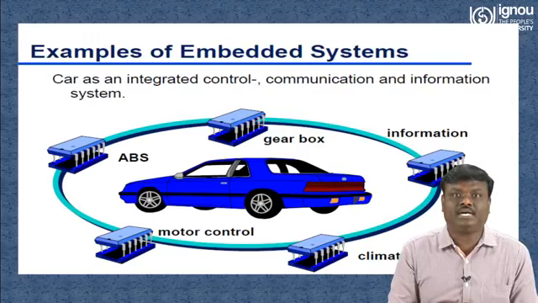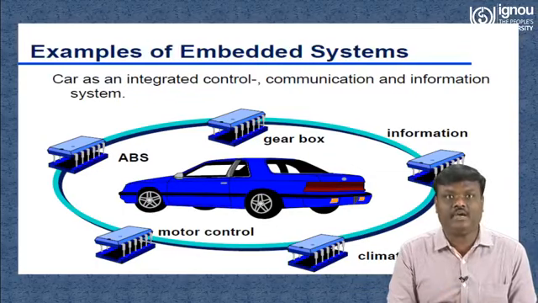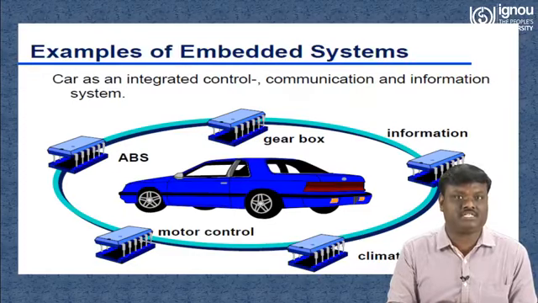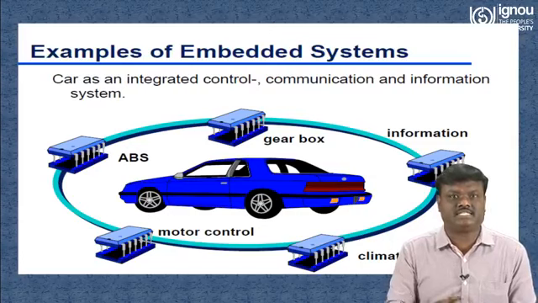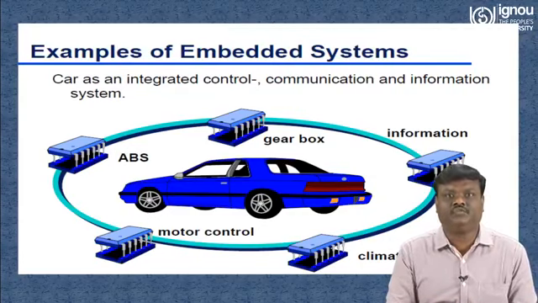Depending upon the climate inside the car, the air conditioning may switch on, be set to certain limits, or switch off. So we can use a simple embedded system in the motor car. Then a motor control may be placed, and ABS braking systems. Here we have shown some 3 to 5 embedded systems that are built into a car.